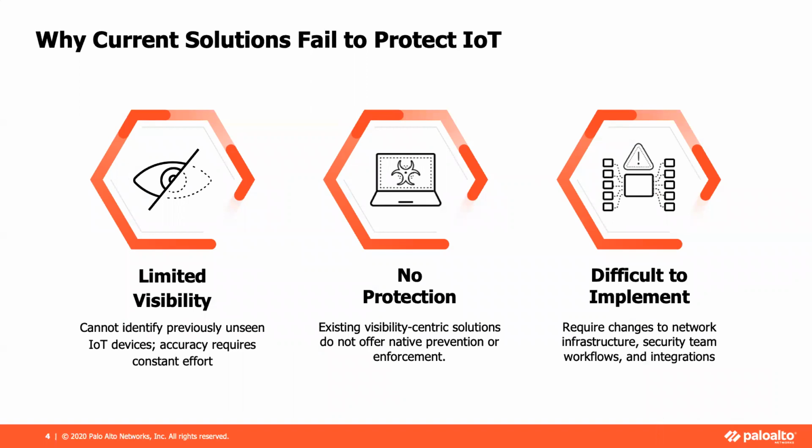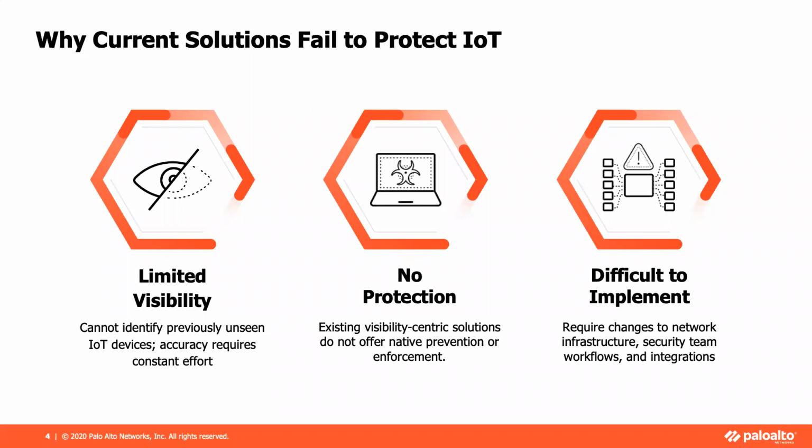Well, current solutions don't really do much for you there. Finding IoT devices in a network can be tricky, and usually means there's going to be some need to re-architect networks in order to do that.